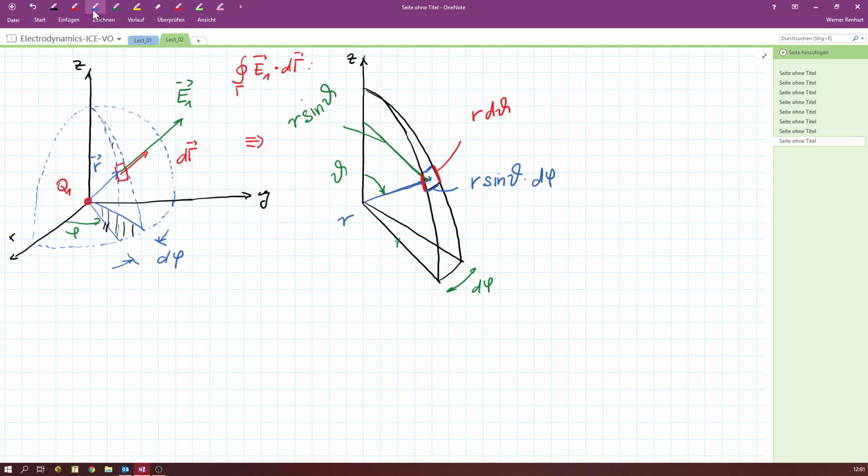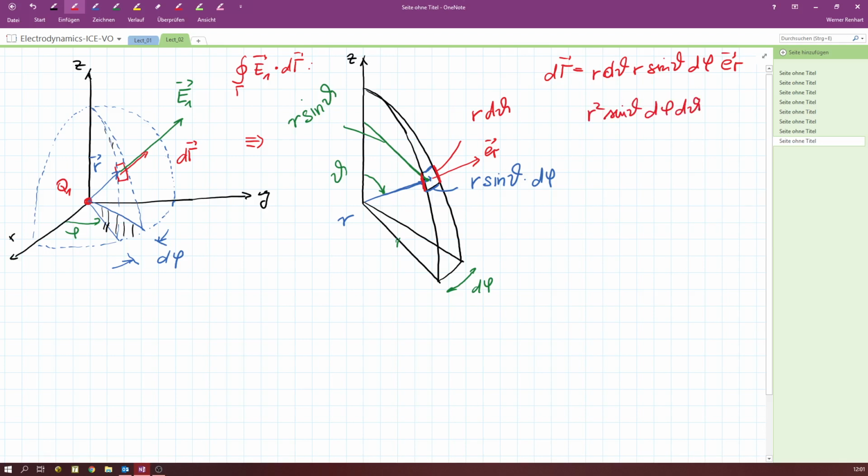And the direction of this vector is in radial direction. So we can establish this delta gamma to become R d theta times R sin theta d phi, which is in radial direction, which is R squared sin theta d phi d theta.